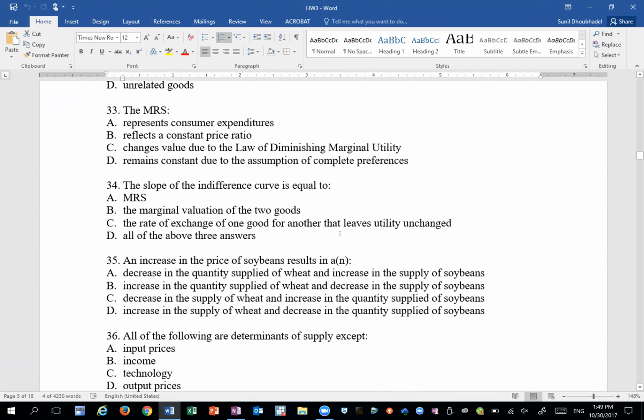So the slope of the indifference curve is equal to MRS, the marginal valuation of two goods, the rate of exchange of one good for another that leaves utility unchanged, all of the above three answers.